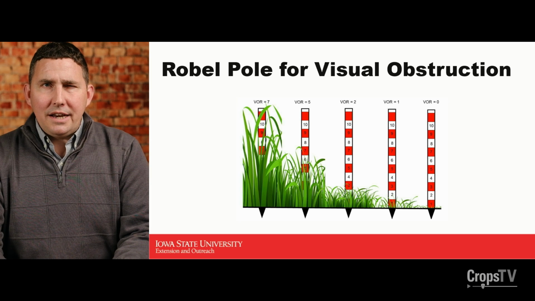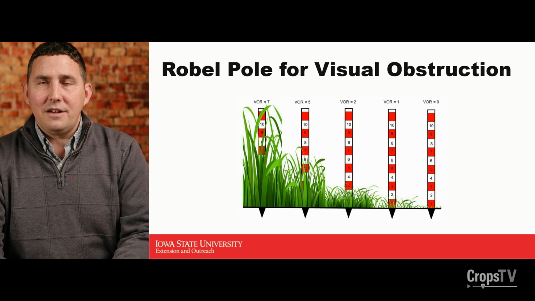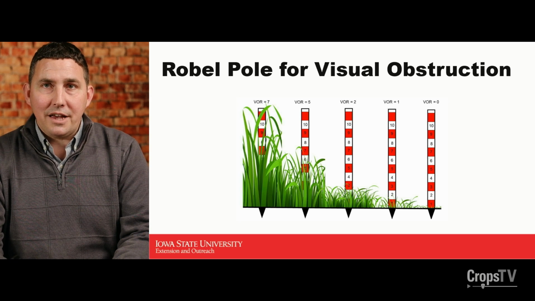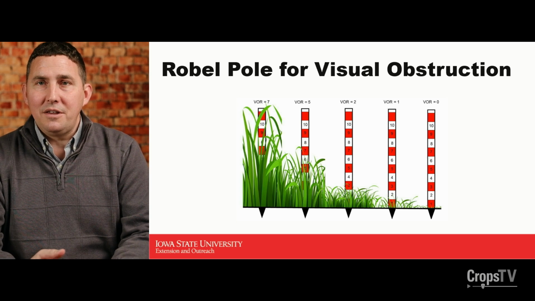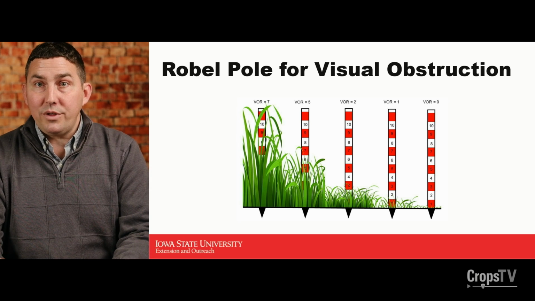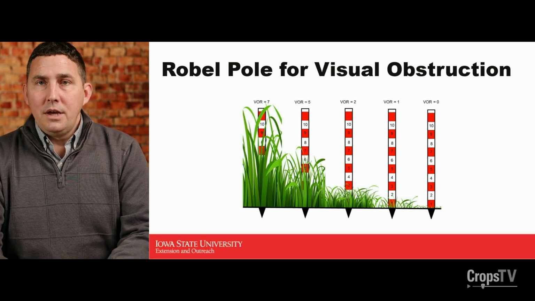So, to give you a viewpoint of what this really looks like, I'm going to start on the right-hand side. The VOR is the visual obstruction rating, along the top. A VOR of 0 on that right-hand pole just means that we have vegetation, but it's not obstructing more than 50% of that first decimeter.